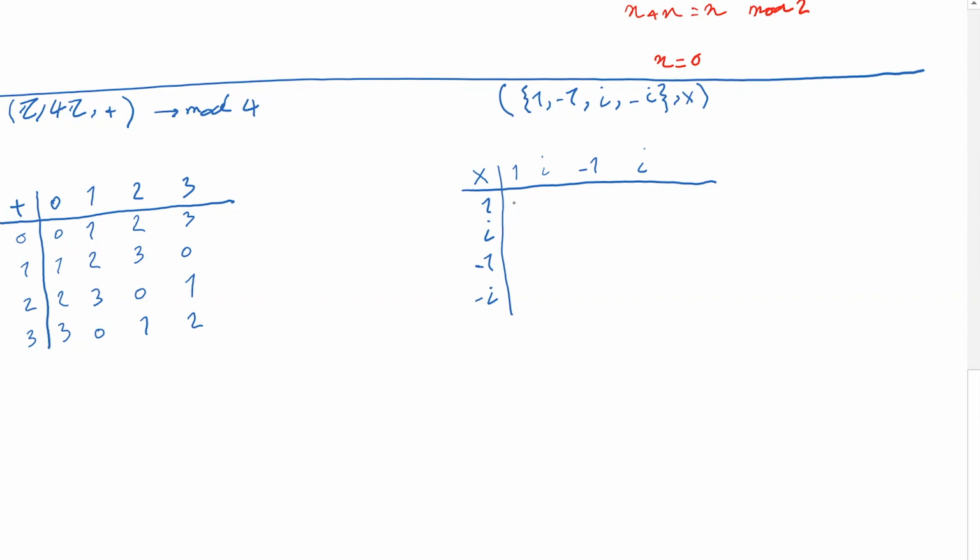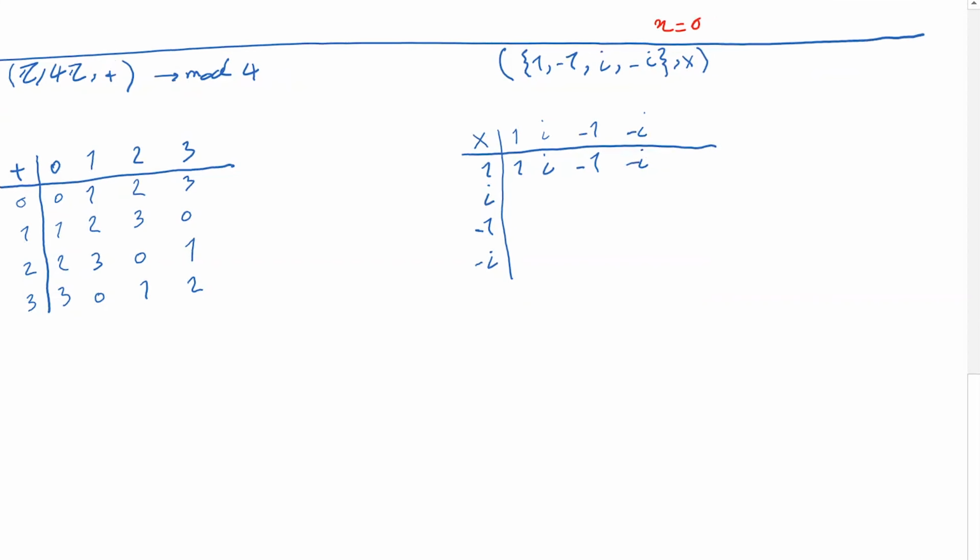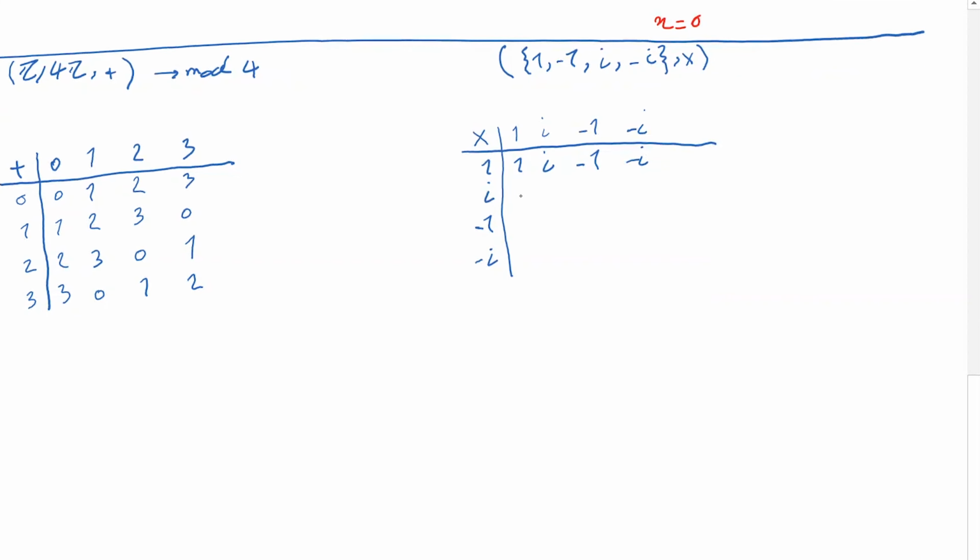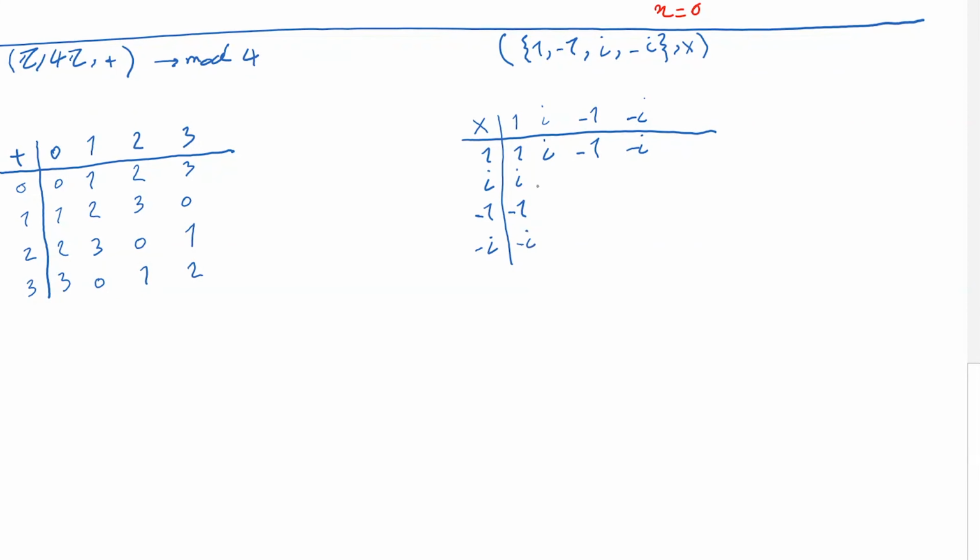So 1 times 1 is just 1, then i, then minus 1, and then minus i. Sorry, I think it should be minus i. The same thing repeats, and over here also everything repeats itself, since it is just multiplying by 1. So i times i, we know that it becomes minus 1. i times minus 1 becomes minus i. And then i times minus i is going to be 1. And similarly we fill out the rest of this table.